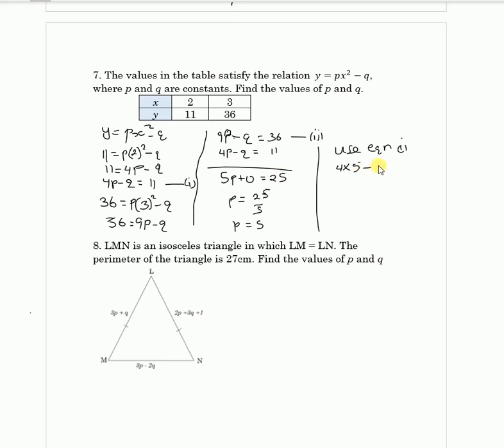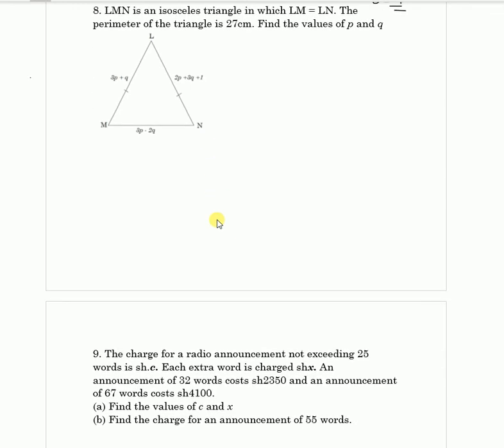We now have minus q is equal to 11. We want to get the value of q. So this is 20 minus q equal to 11. The q goes there, the 11 comes here. So I have 20 minus 11 equal to q, such that q is equal to 20 minus 11, which is equal to 9. That's what we have. So the value of p is 5, the value of q is 9.